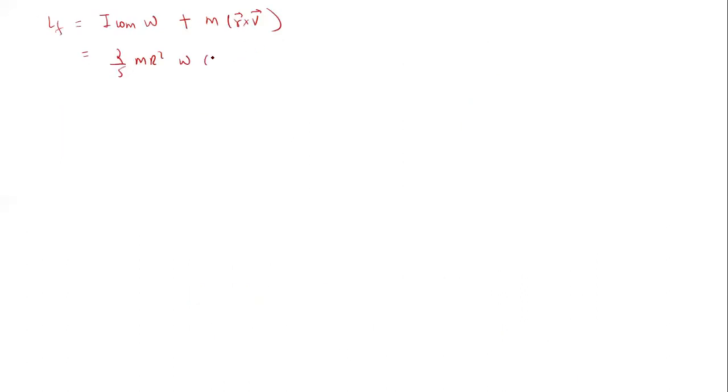Inside the plane, cross, plus m into radius vector r velocity v inside the plane, cross. So 2 by 5 into 5 into 2 square into v by r, plus m r v. So 5 cancels out. R we can take as 2 here. So mass is 5, r is 2, velocity is v.